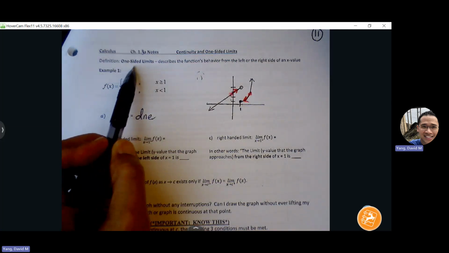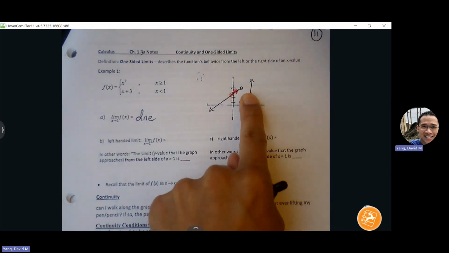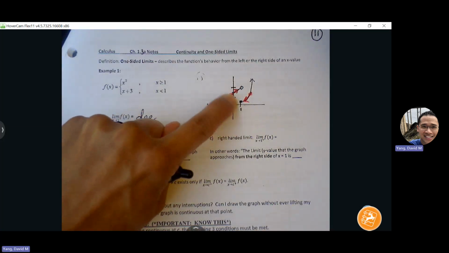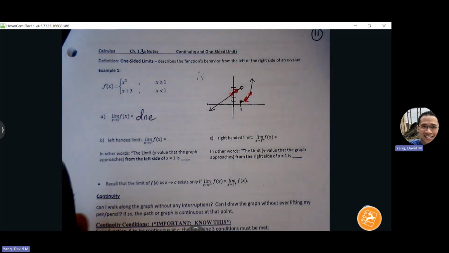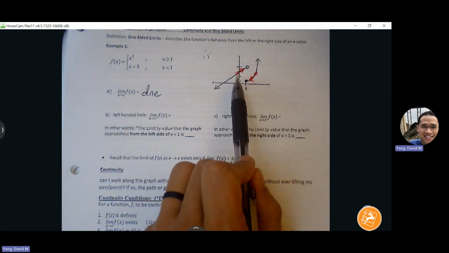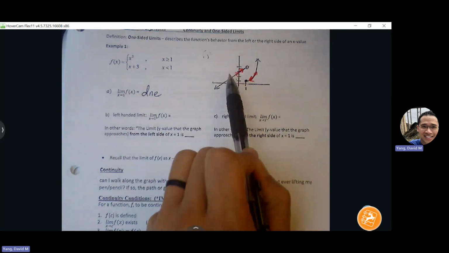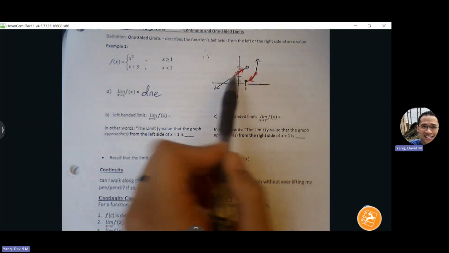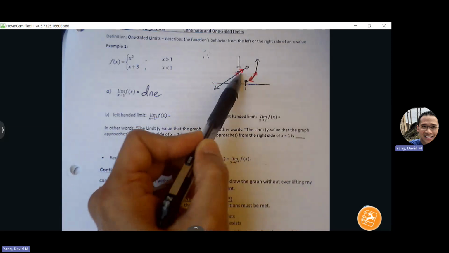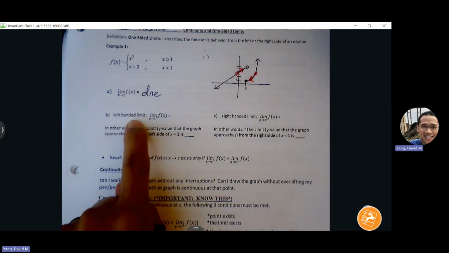A one-sided limit just asks, what is the arrow approaching from the left, or what is the arrow approaching from the right? Now we have a more formal way of representing those arrows we were initially doing visually. The arrow headed from the left side towards the right, we call a left-handed limit.